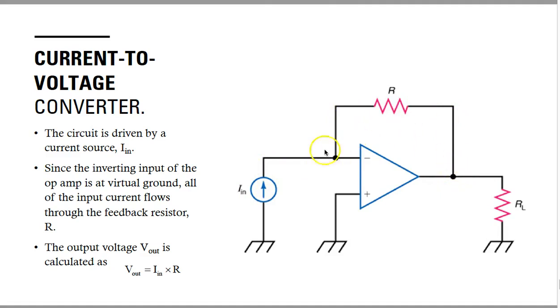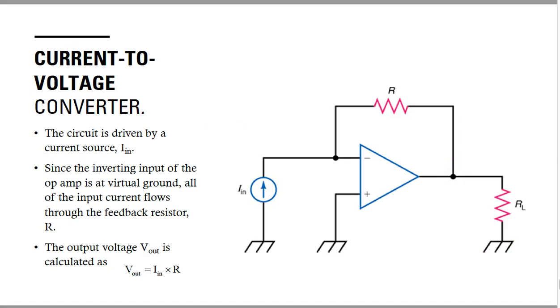Once you know the current flowing into this resistance, you can calculate the output voltage, because the voltage which appears here is your output voltage. The current flows here, and if you multiply it with the resistance, you obtain the output voltage, which will be across this load.